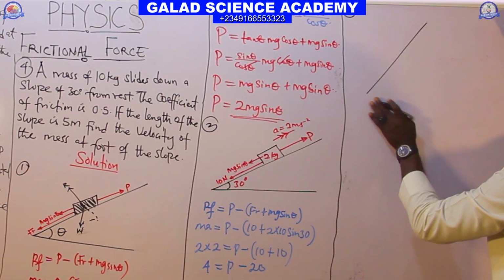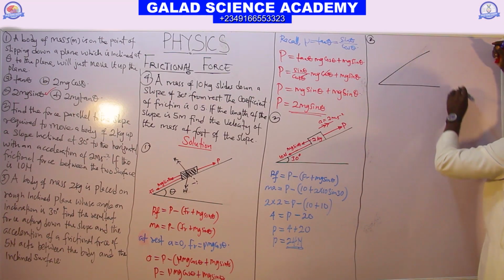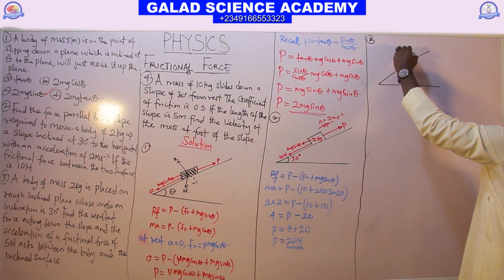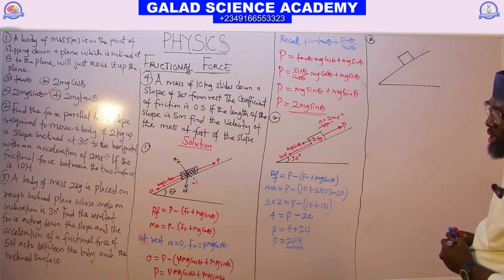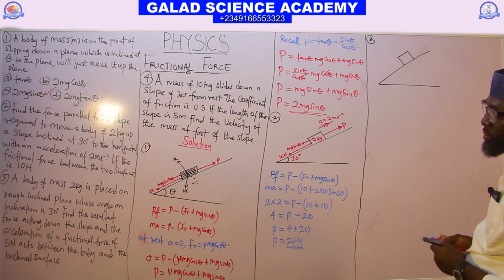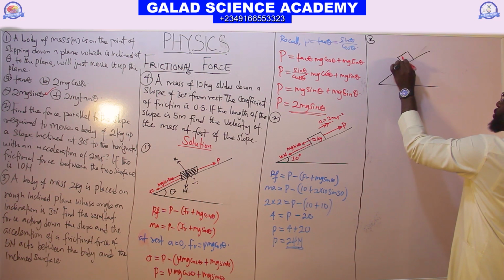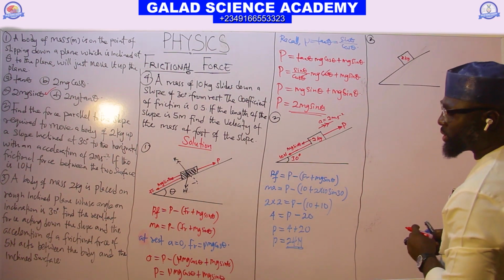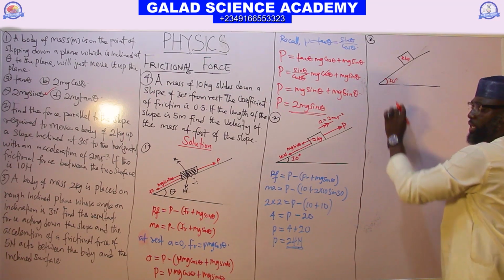Let me draw our regular diagram of the inclined plane. The mass given there is 2 kg, with an angle of 30 degrees.